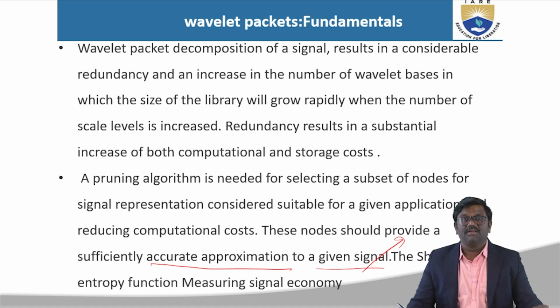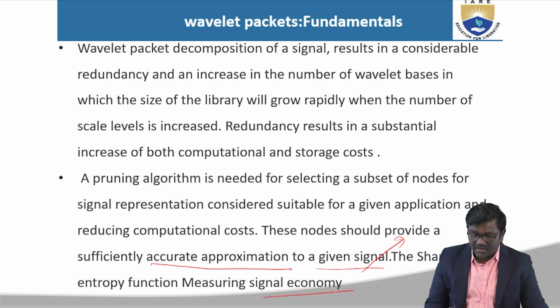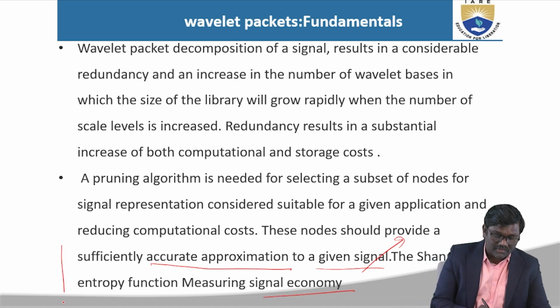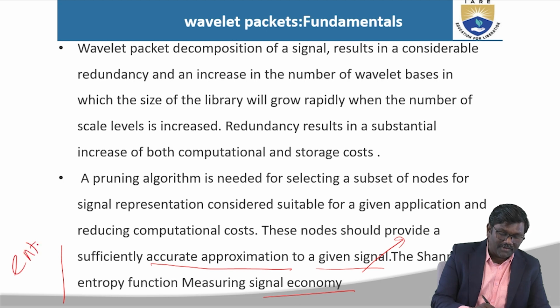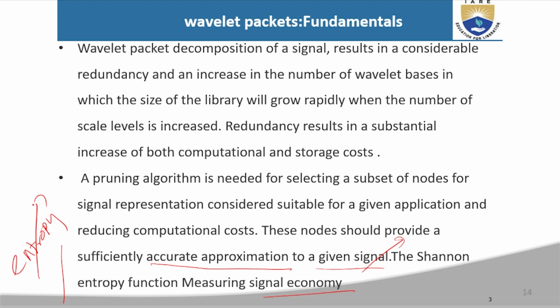Especially by taking the Shannon entropy function, measuring the signal economy. Where this entropy value helps us in terms of quality. Entropy value will help us judge the quality of the signal.